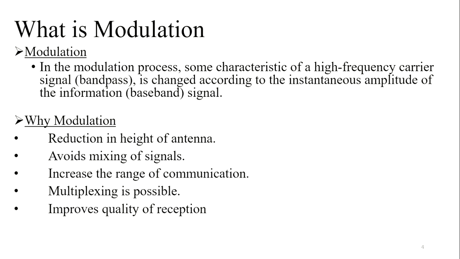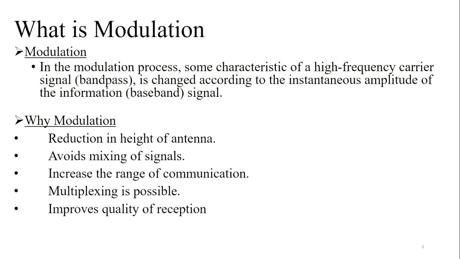Depending on whether amplitude, frequency or phase is varied, there are three types of modulation. Instantaneous amplitude means amplitude modulation. Instantaneous frequency means frequency modulation, and instantaneous phase of the information is called phase modulation. These are the three basic modulation techniques: amplitude, frequency and phase modulation.